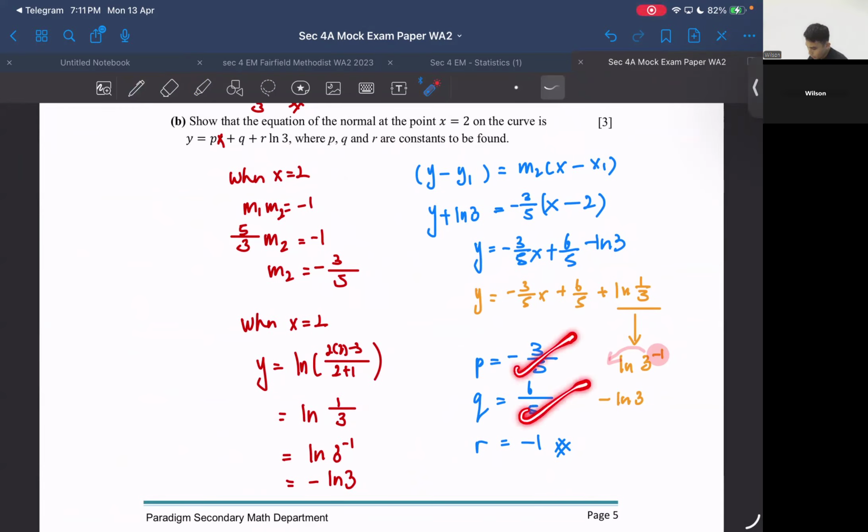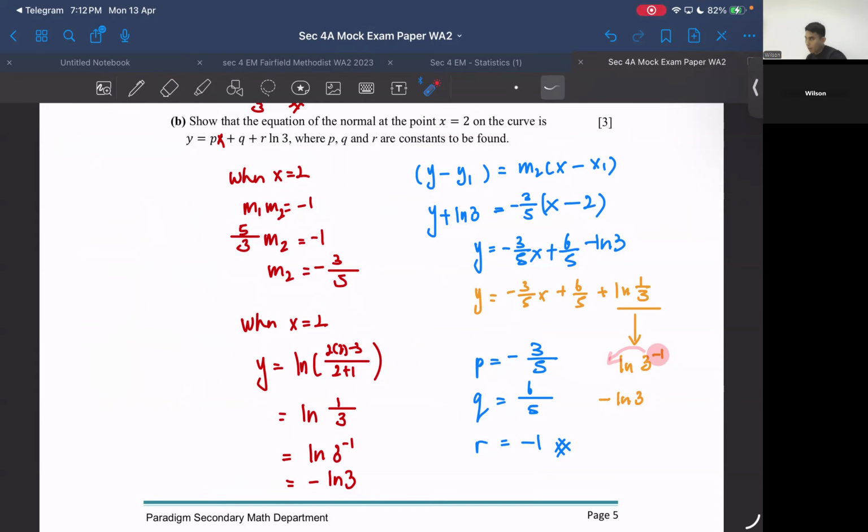So your this one and this one will be correct, but this portion over here, you should rewrite as -ln 3. Okay? But why are they not the same? Because this one is plus r ln 3. If it's ln 1/3, then your answer might be correct. But they want it to be ln 3 over here. So this one, just take note.